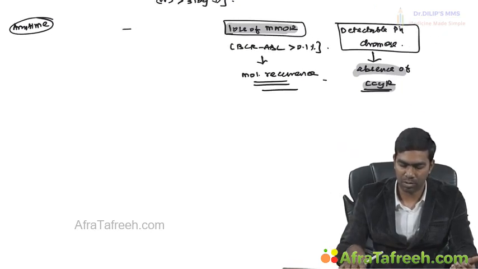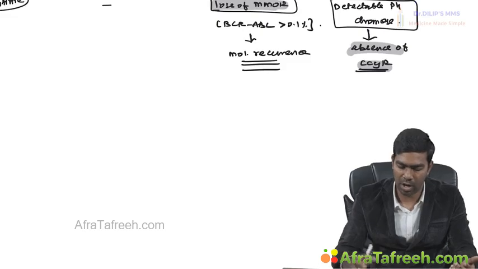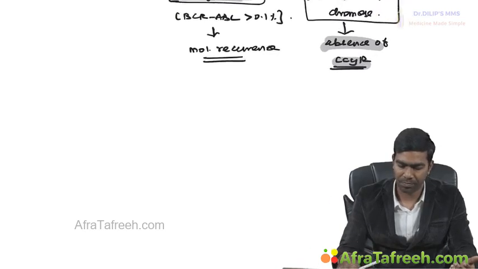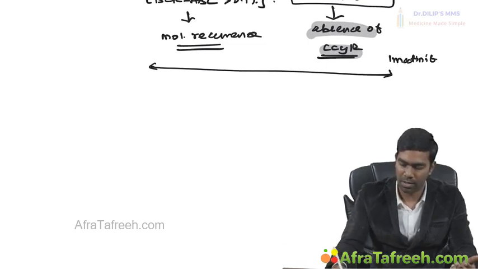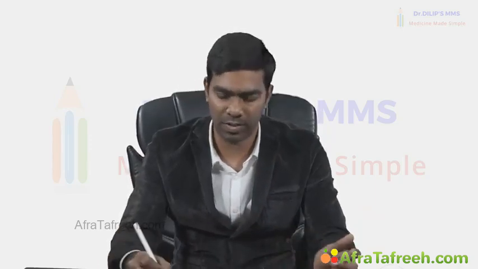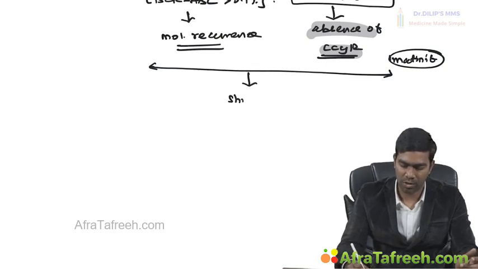Clear? Suppose it's going to be an optimal response, clear, or a failed response with imatinib. Suppose the patient is already on imatinib and you are having a suboptimal response or a failed response. Typically we'll see at 12 months, if it's still not working, you shift to a second generation TKI. Typically, this is what we do.